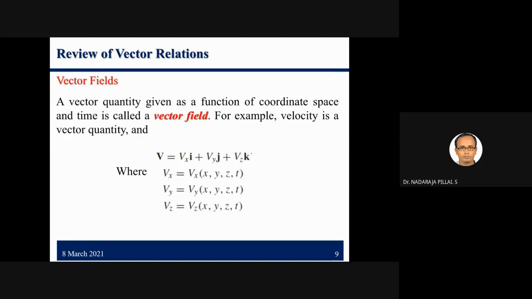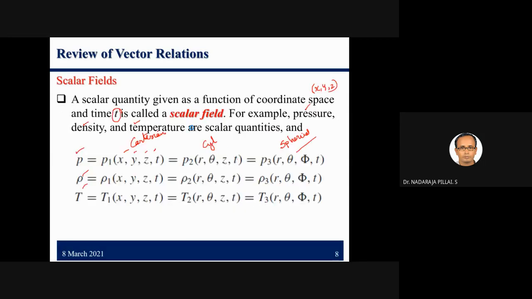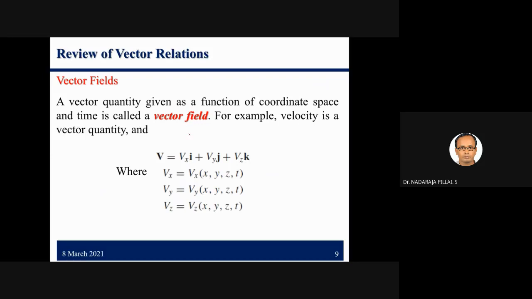Now let us consider a velocity vector. This is a scalar field, and here we have a vector field. A vector quantity is given as a function of coordinate space and time. As I said, the space is x comma y comma z and time is t.